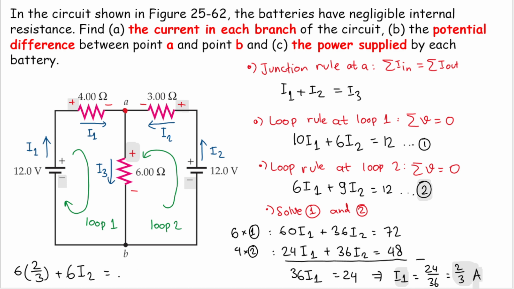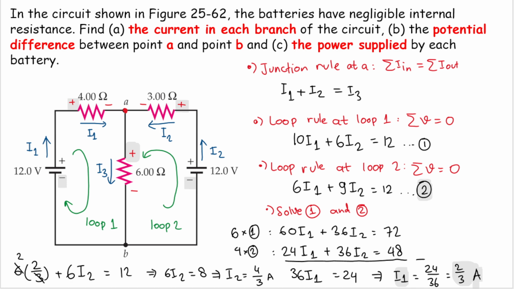And that will equal to 12. So this will equal to 2, and this one is 4. So we'll have 6I2, and that will equal to 8. And therefore, I2 is 8 divided by 6. That will be 4 over 3 ampere.